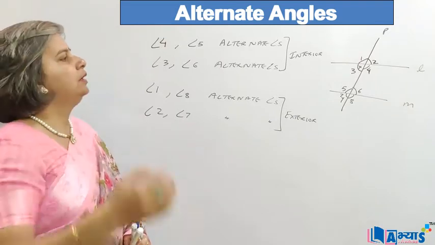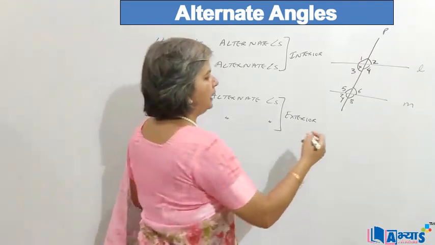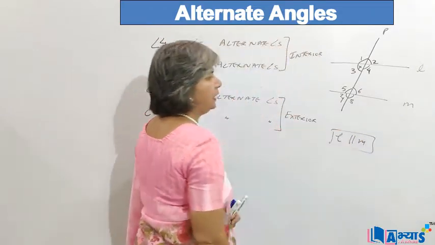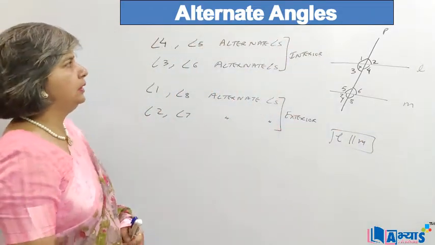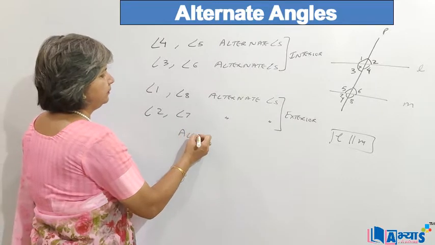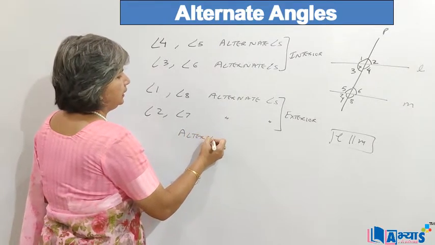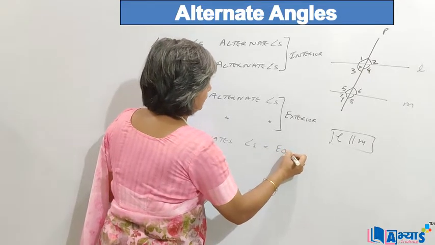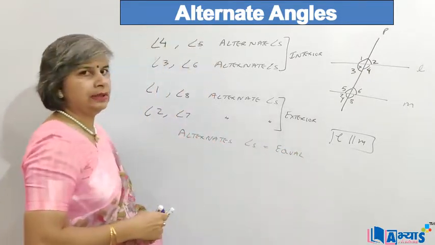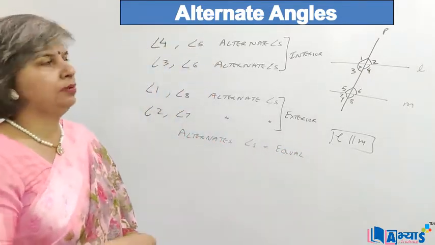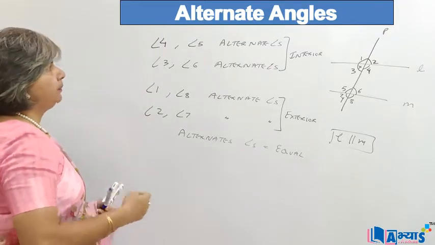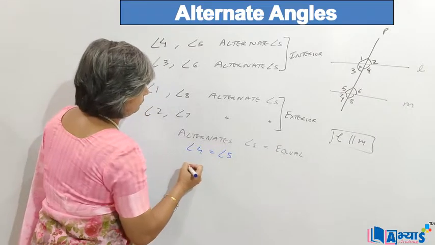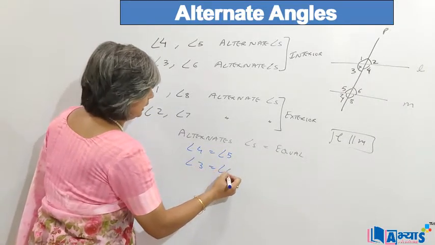Now, in a special case when the lines L and M are parallel to each other, the alternate angles, both interior and exterior, are equal. That means if L is parallel to M, angle 4 is equal to angle 5, and angle 3 is equal to angle 6.